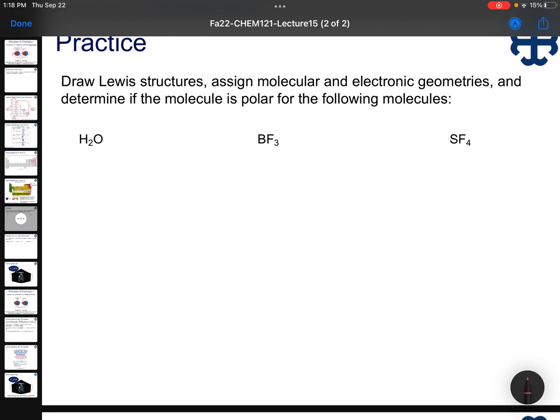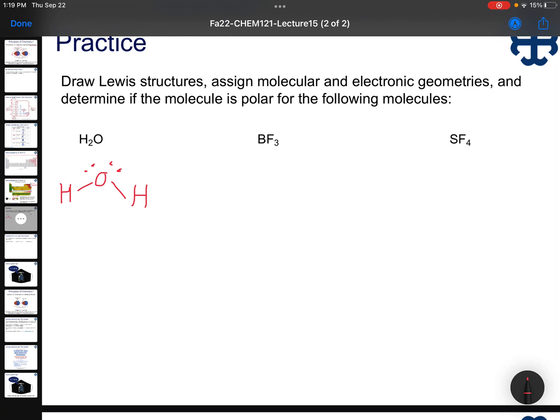So draw Lewis structures, assign molecular and electronic geometries, and determine if the molecule is polar for the following molecules. So H2O, hopefully the Lewis structure is a piece of cake by this point for H2O. We have oxygen, and then we're going to put 2 lone pairs in order to give oxygen our octet, fill all of our valence shells.